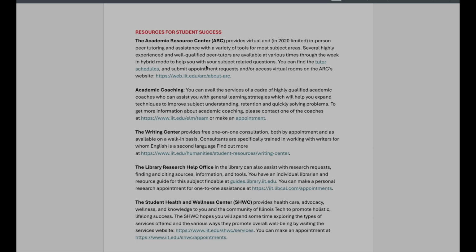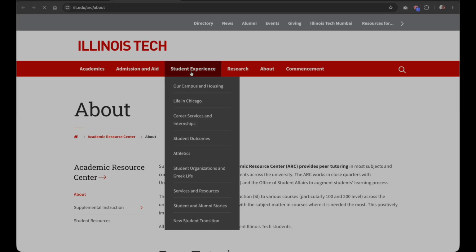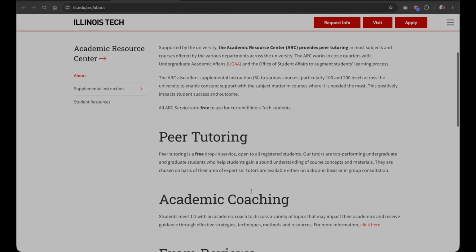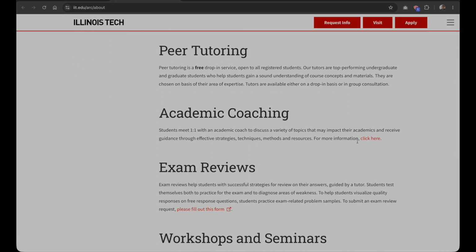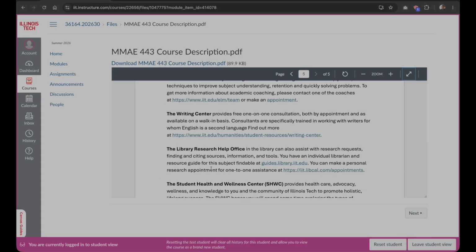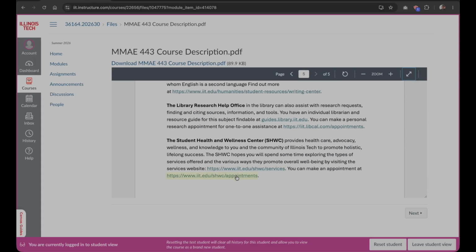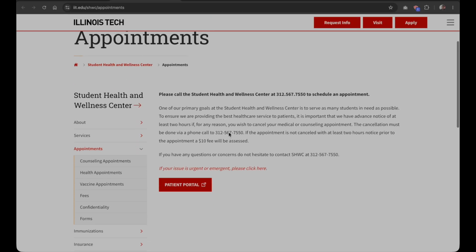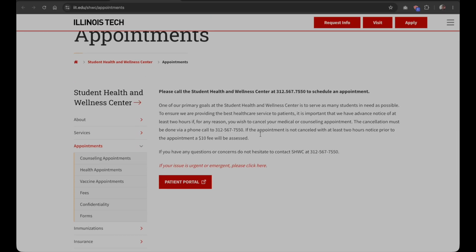The Academic Resource Center, if you go to this link, you will find what kind of support they provide. There is academic coaching, peer tutoring, and so on. If you are suffering from some health issues, you can make use of this to find an appointment for your health, whether it's mental health or physical.